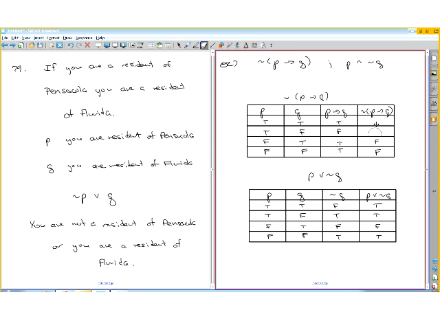Actually, I just realized I did something wrong up here. So let me fix this. No, I did that okay. False, true, false, false. According to the book, it says they're equivalent, but I'm not getting that. So let's see here.